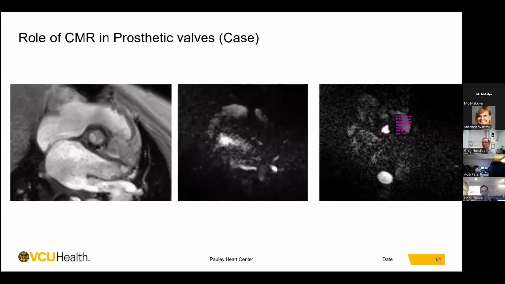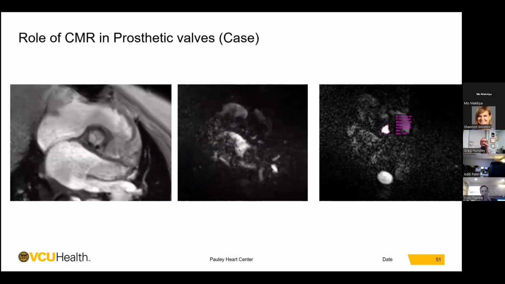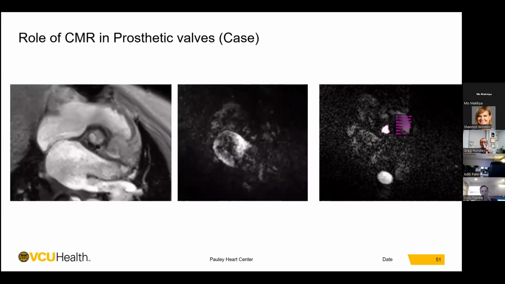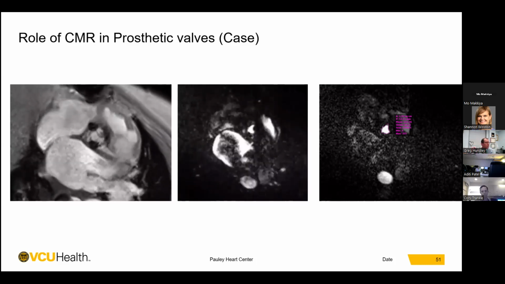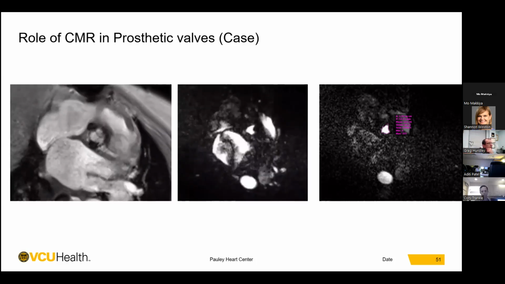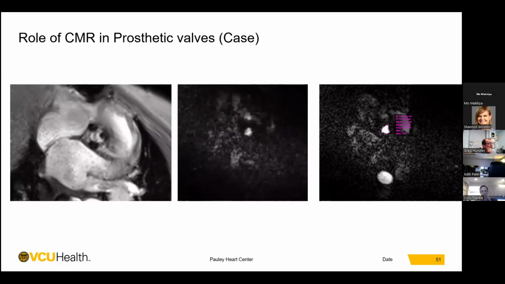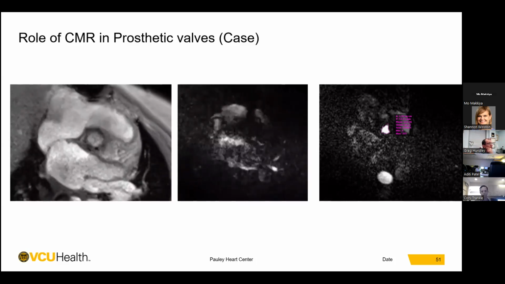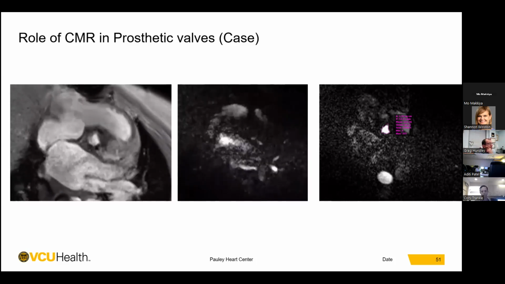So we did an MRI for evaluation, and as we see here on the cine images on the left, they use GRE instead of SSFP because we can see the aortic valve prosthesis leaflet very well, and it opens very well. And we can also measure the valve area by planimetry, as we see here on the right side.